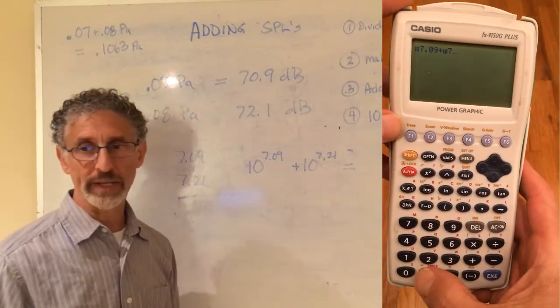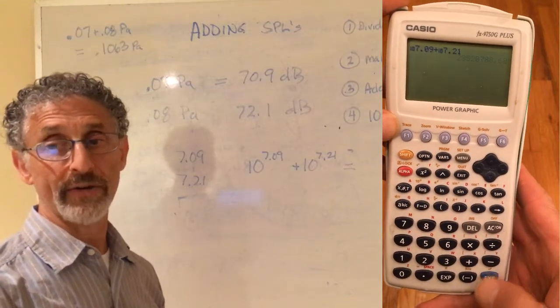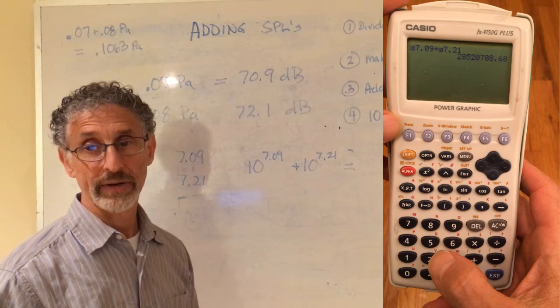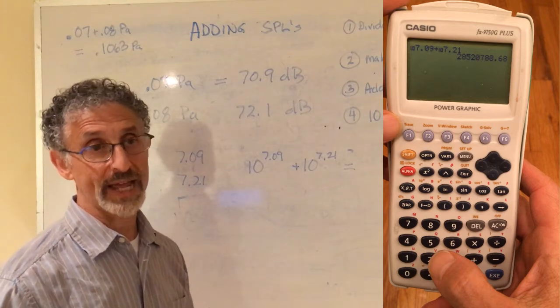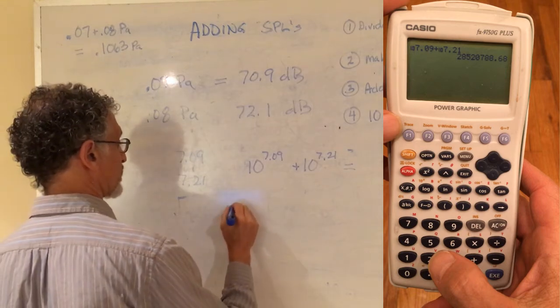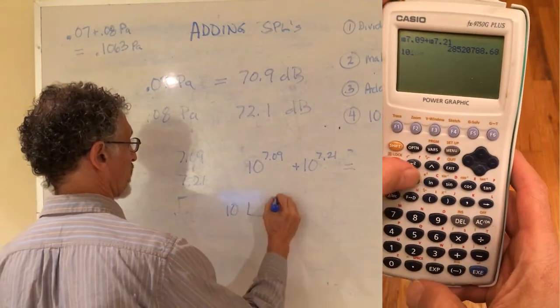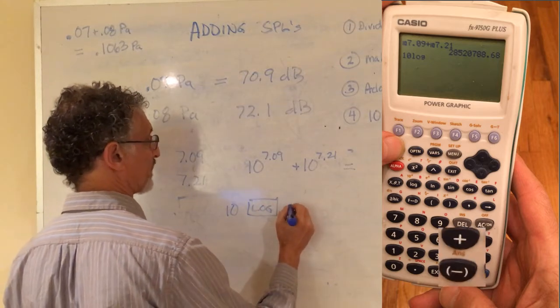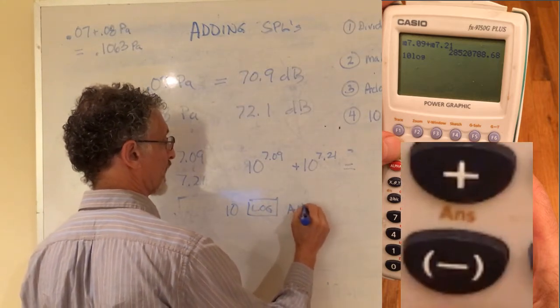When you put that into a calculator, you get a very big number. Leave that number in the calculator. And then you're going to do 10 times the log of that number. So typically, you'll do 10, you'll do the log button, and then you should have a key that allows you to put the answer in.